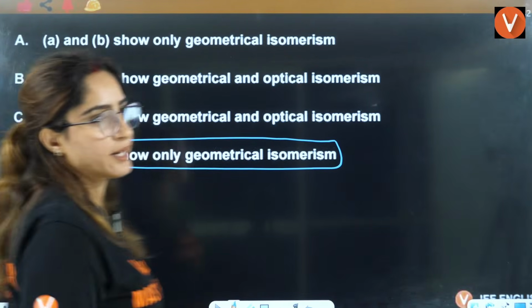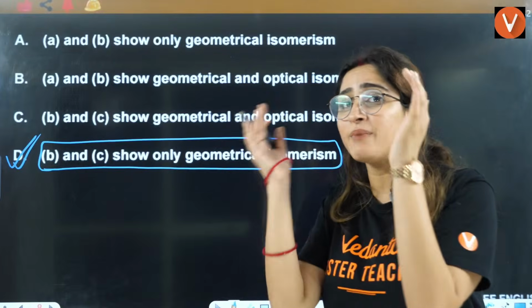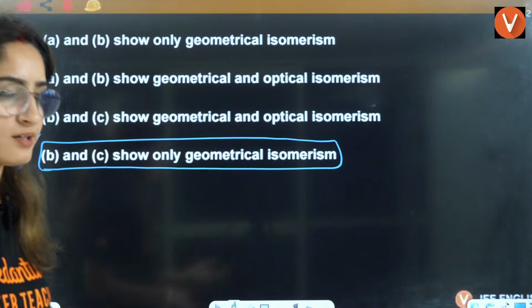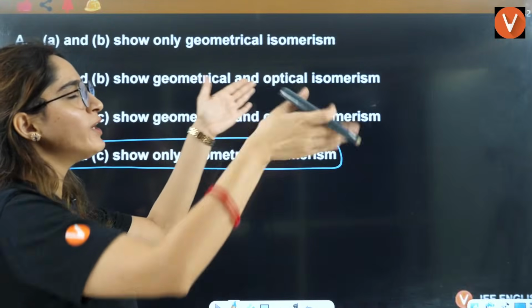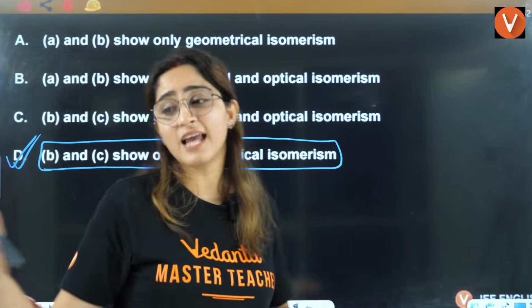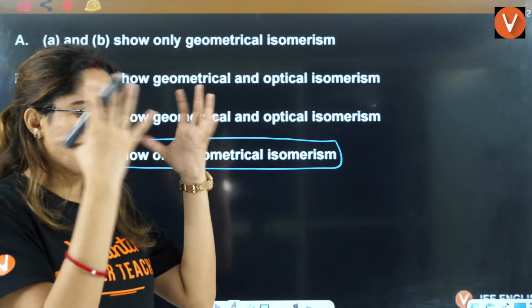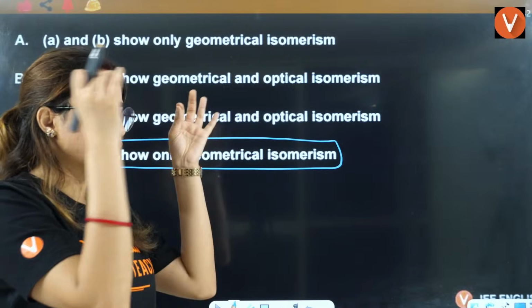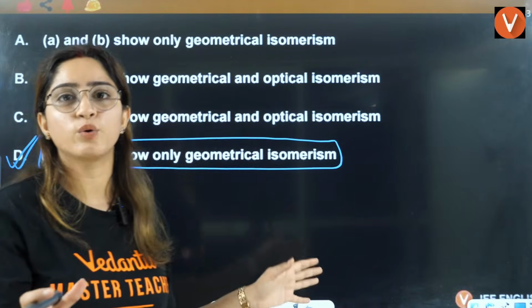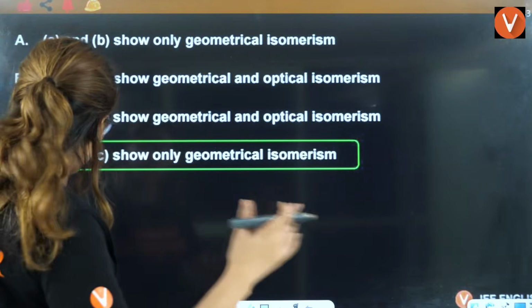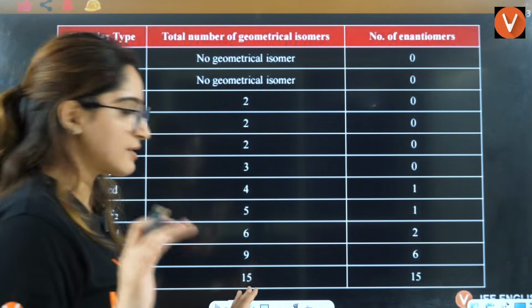So D is the correct answer. You have to imagine that. If you're not able to imagine, go through the lecture again. In front of you only, I have imagined. That's the reason I have not picked up the structure. Once you know the structure, you can close your eyes and imagine the bonds and try to cut it. So the power of imagination is only possible if you have seen those structures.